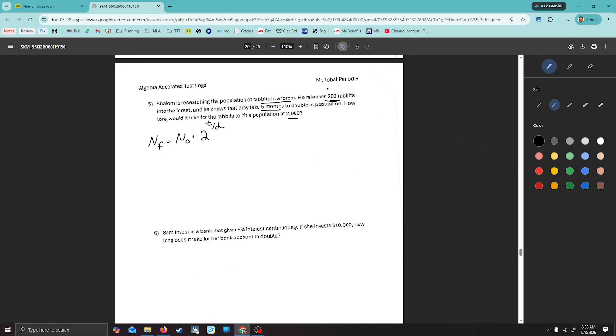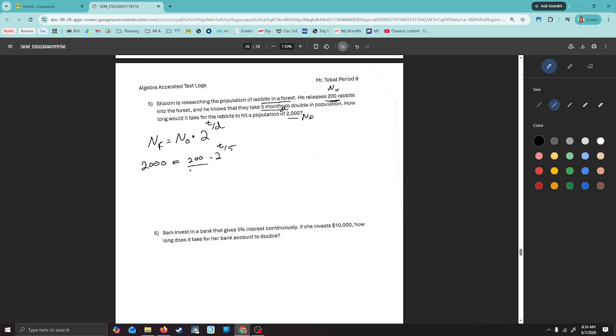So 200 is my initial, so N0. 5 months is going to be my doubling amount, so that's d. 2000 is going to be my final amount, so that's Nf. So 2000 equals my initial amount, 200, times 2 to the t over d. I don't know what t is, but I know d is 5.